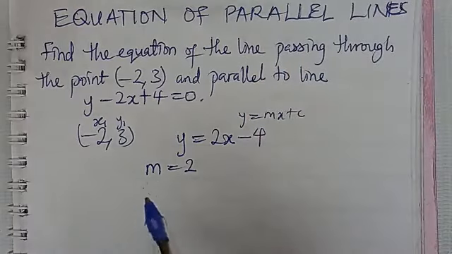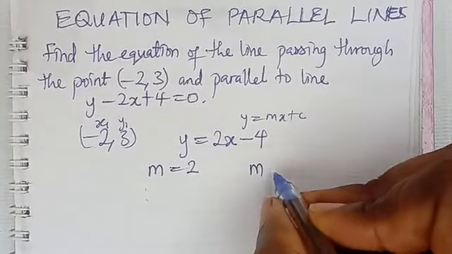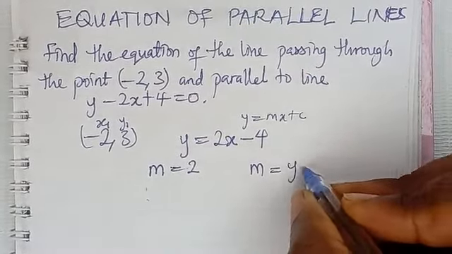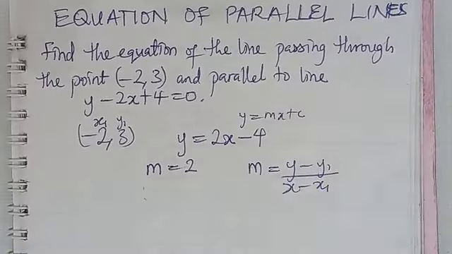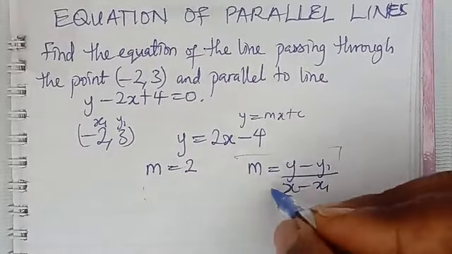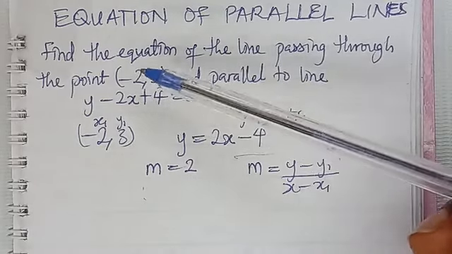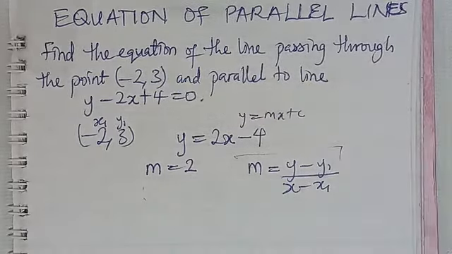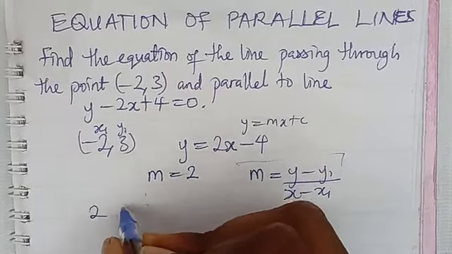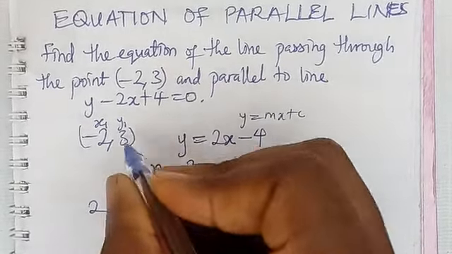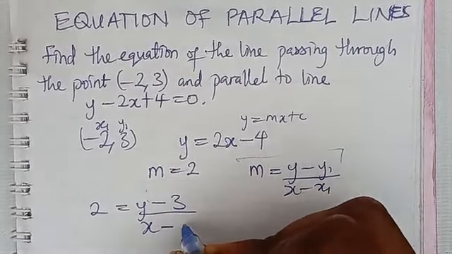Good. So, having the gradient of the line, we have that gradient of the line is equal to y minus y1 over x minus x1. So this is the formula we are going to use to find the equation of the line which is parallel to this and passes through this point. Now let's dive in immediately. So the gradient is 2, y minus y1 is 3 over x minus x1 is minus 2.